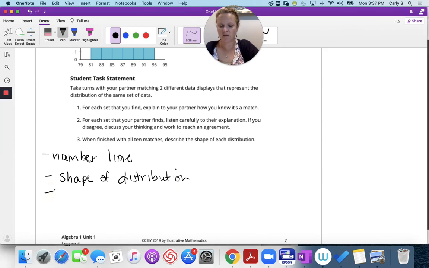So shape of distribution. What else? So shape of distribution, and we're going to look for bell-shaped. We're going to look for bimodal. Remember that one? That's sort of like a U, where it looks like this.